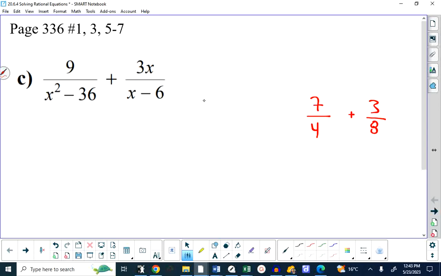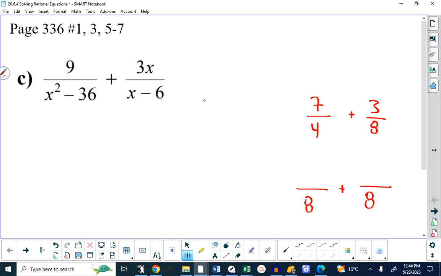So this is where the concept of a common denominator comes in. In this particular example, we'll stick with fourths and eighths. The lowest common denominator would be 8 because it has to contain a factor of 4 to include the first denominator, and it also has to contain a factor of 8 because it has to include the second denominator.